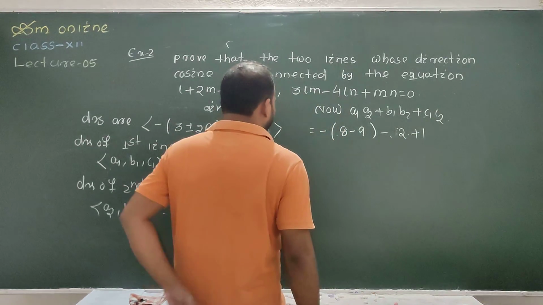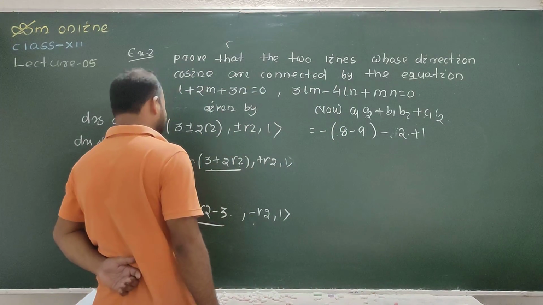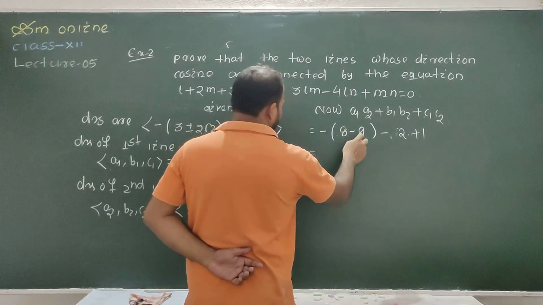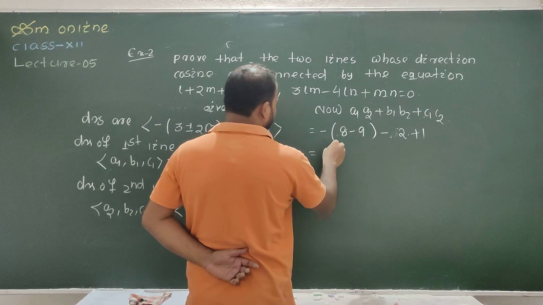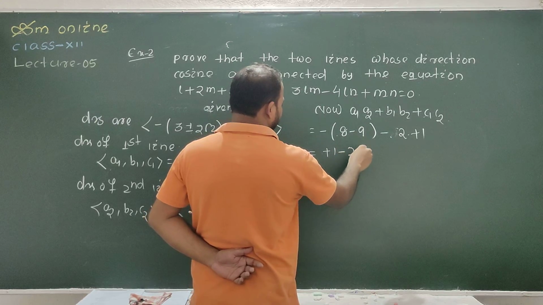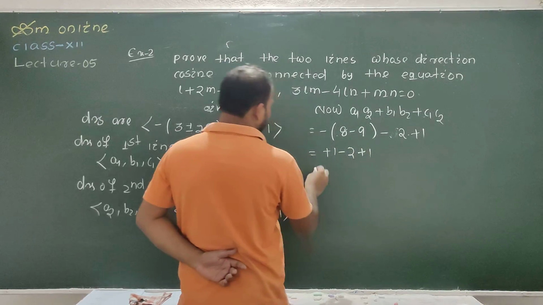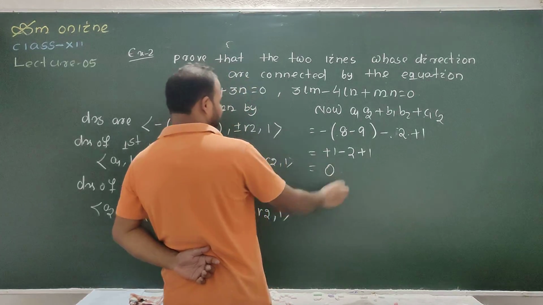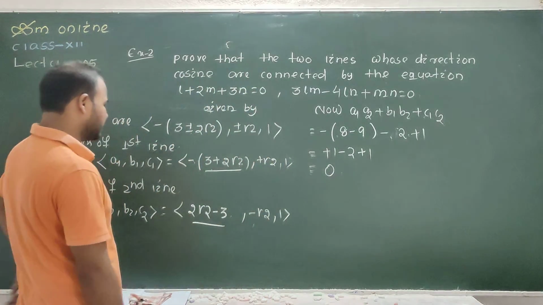So this is minus 1 and plus 1 minus 2 plus 1, which equals 2 minus 2. This is 0. Clear?